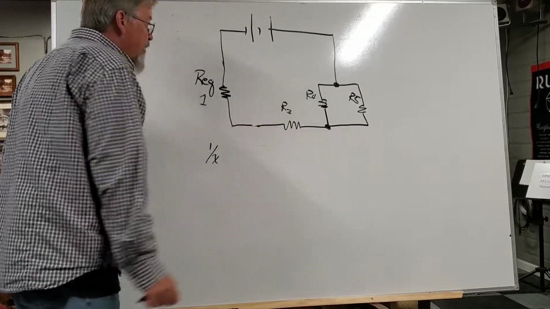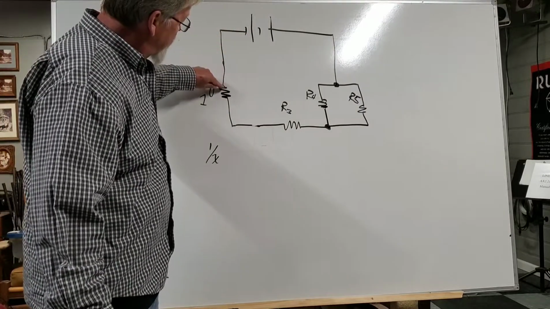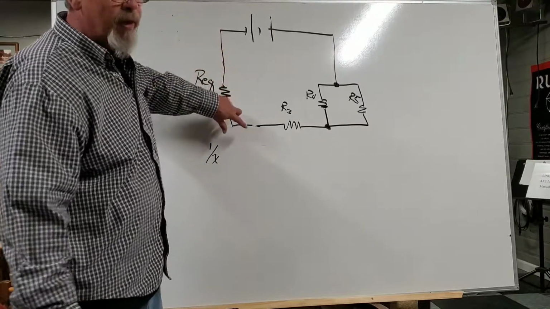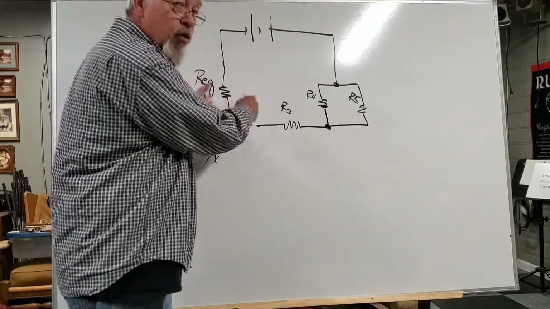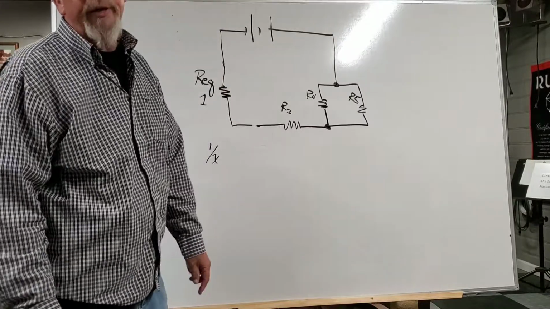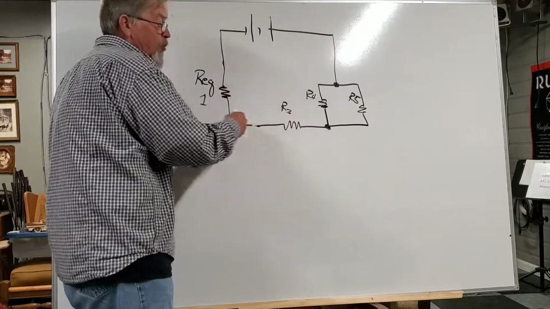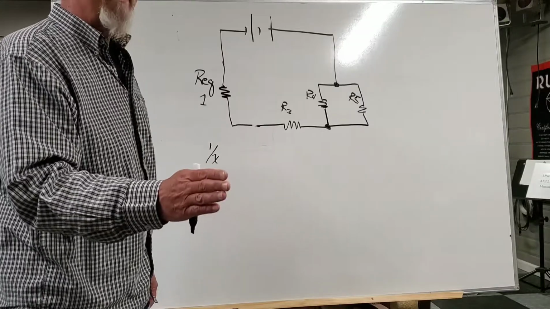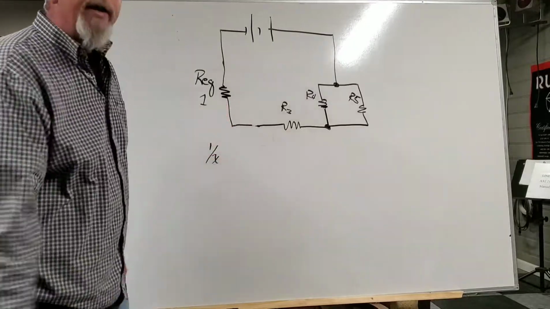Now look, if I'm looking at this and I'm finding this path as it comes around, it goes through REQ. Now remember, yeah, it split, but it still all went through the equivalent resistance of those two that we put in parallel, and that current comes and goes right through R3. And so if we look at REQ1 and R3, we can tell that those two values in the same path have got to be in series. Well, we'll deal with that in a second.